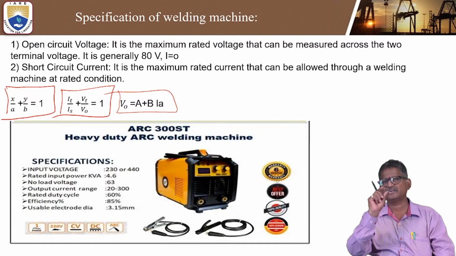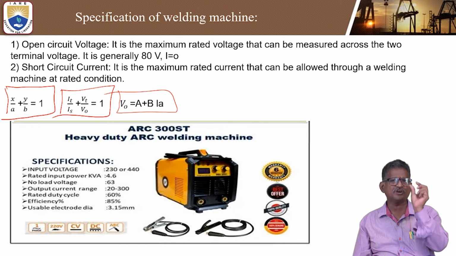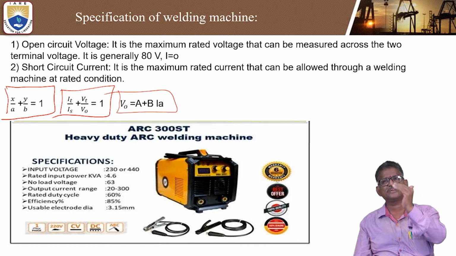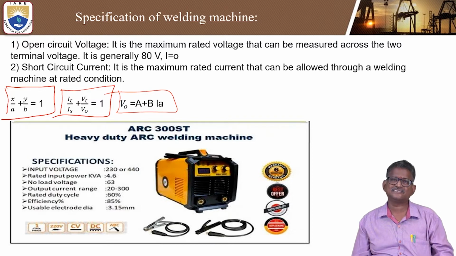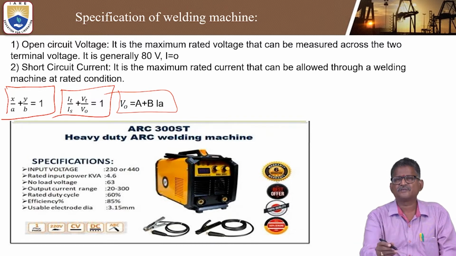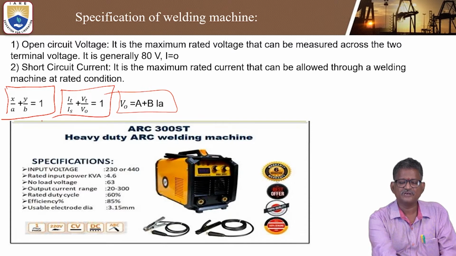In general, it is 80 volts maximum, with current 0. Similarly, short circuit current is the maximum rated current that can be allowed through a welding machine at rated condition. These are some VI characteristics curves: X by A plus Y by B is equal to 1, and here IT by IS plus VT by VO is equal to 1.